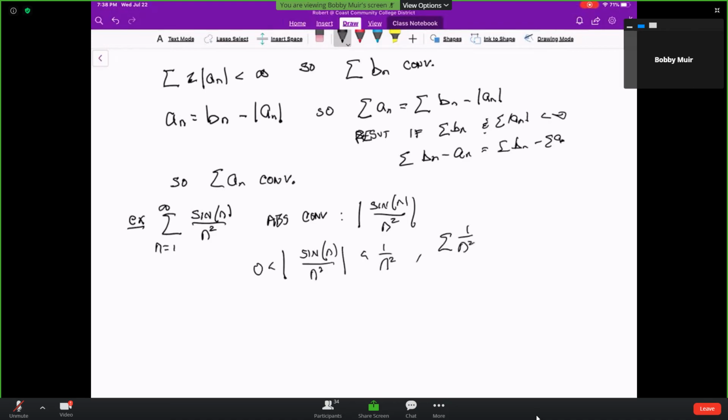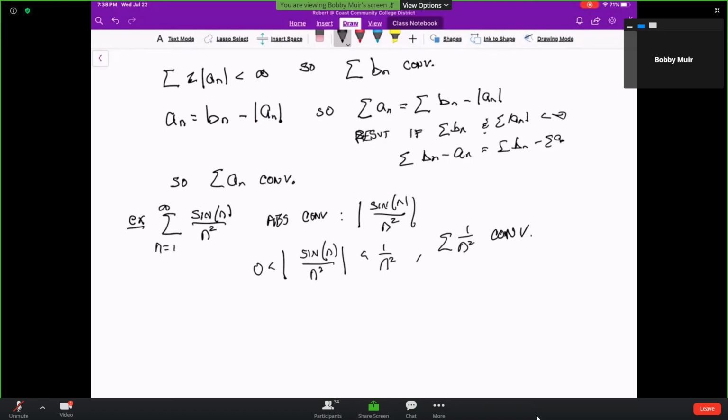That thing converges. So by the comparison test, the thing's going to converge.